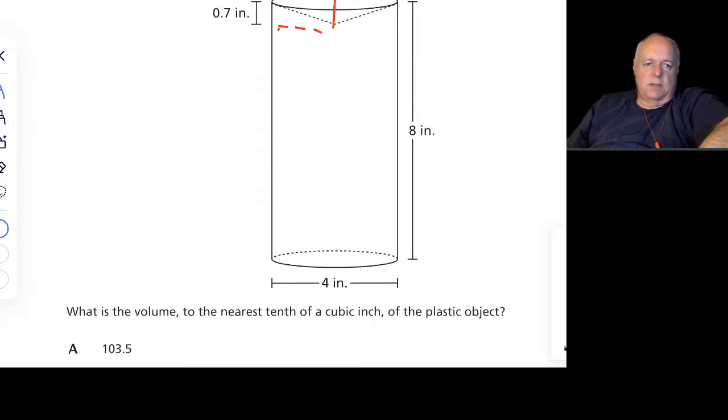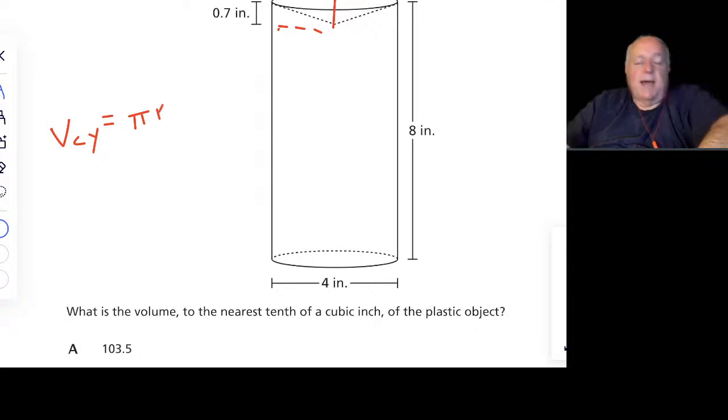So the volume of a cylinder is equal to the area of the circle at the bottom, so that's pi r squared, times the height. That gives us our 3 dimensions.